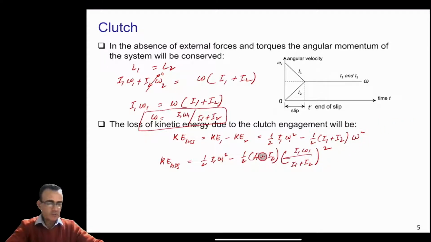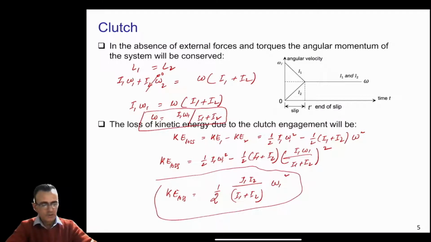If you simplify this equation, you can calculate the kinetic energy loss. It becomes half I1 I2 over I1 plus I2, times omega 1 squared.